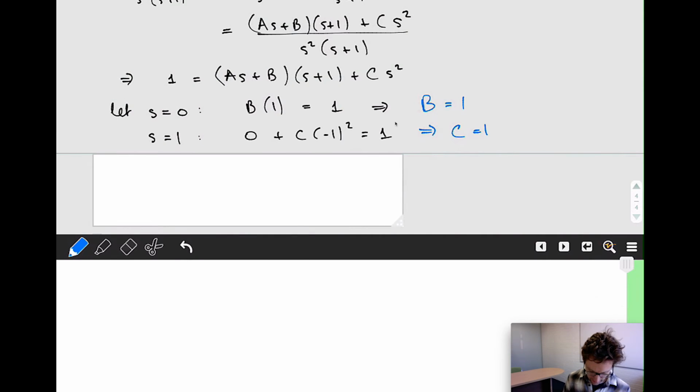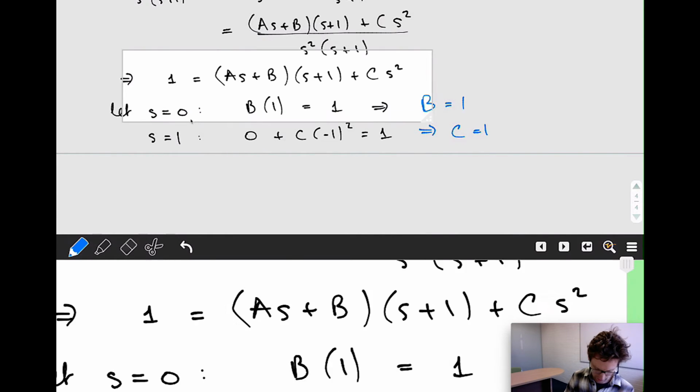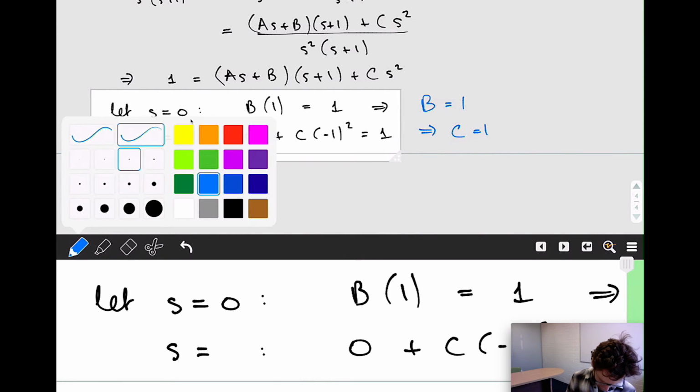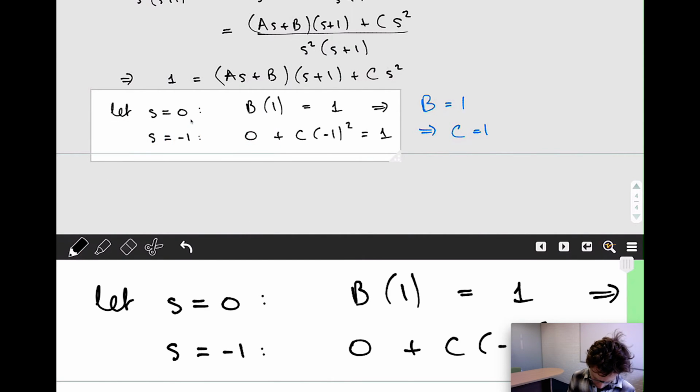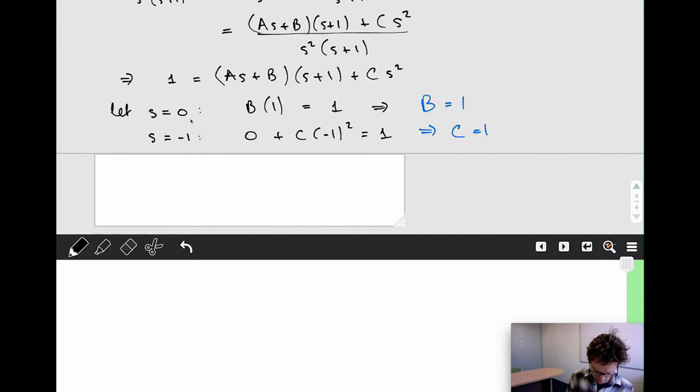And finally then I need to make a choice to try and figure out what a is. Now unfortunately I can't use 0, I can't use minus 1, sorry, that was supposed to be a minus 1. But I'm free to choose any other value of s that I find convenient. So let's choose s equal to 1.